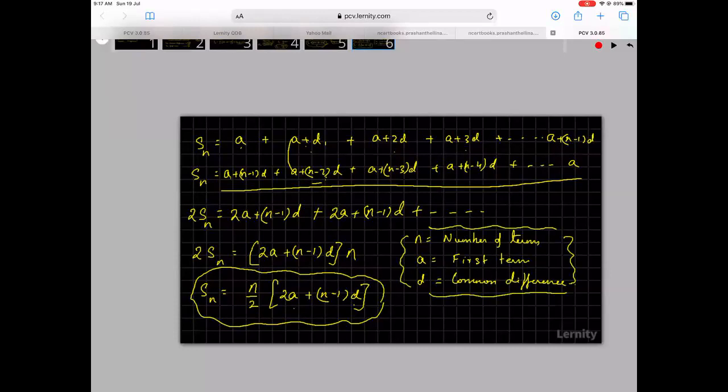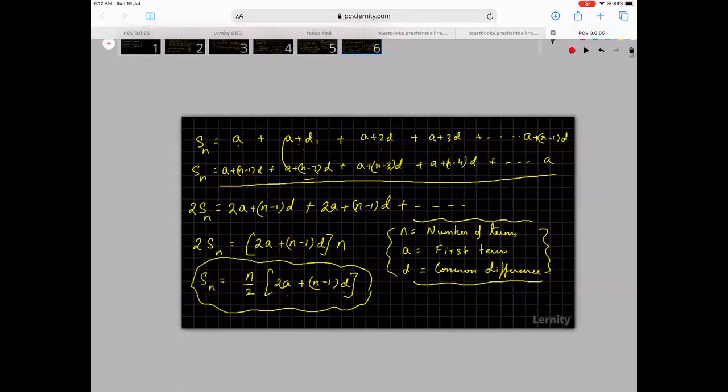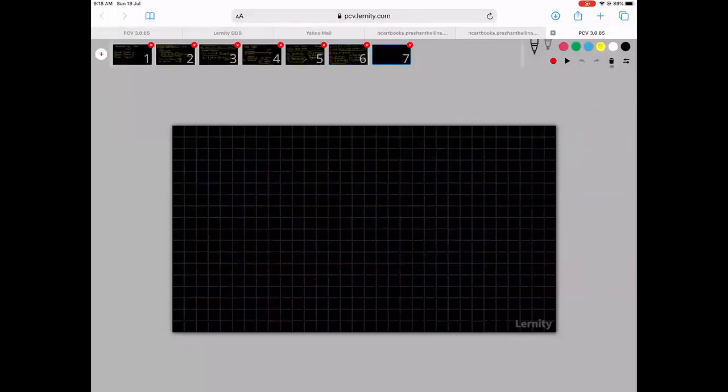Okay, so if you understand this, then let's do a few small questions. Yeah, so here it is. First one: the first term of an AP is 3 and the common difference is 2.